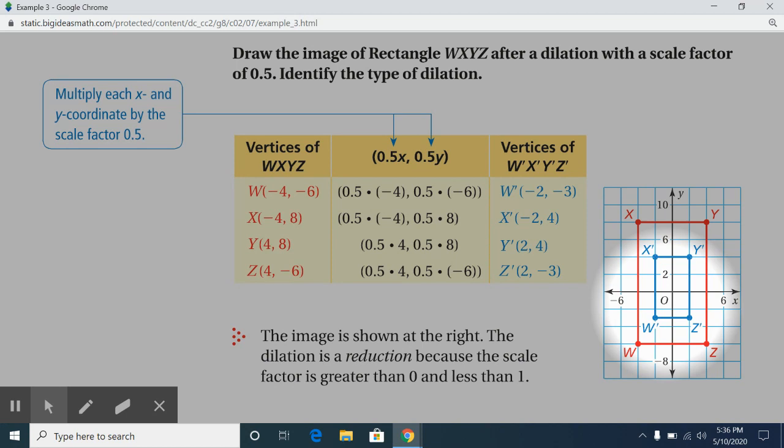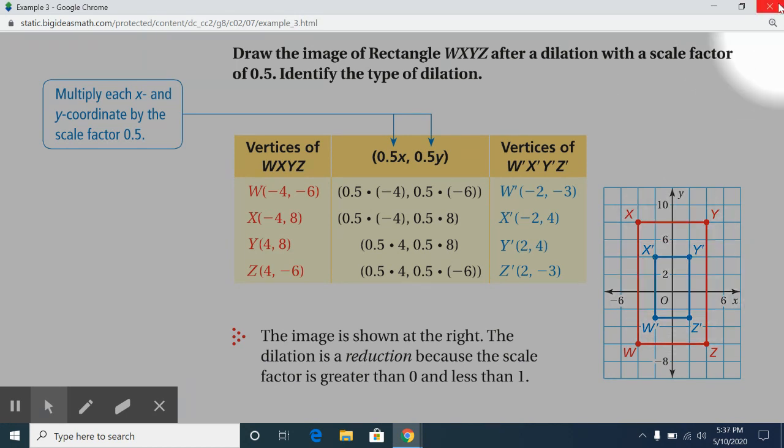It's going to be a reduction. So again, to recap, when the scale factor is greater than 1, it's going to make it larger. When the scale factor is less than 1 but greater than 0, it's going to make it smaller.